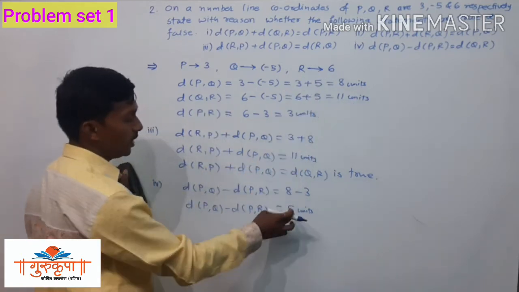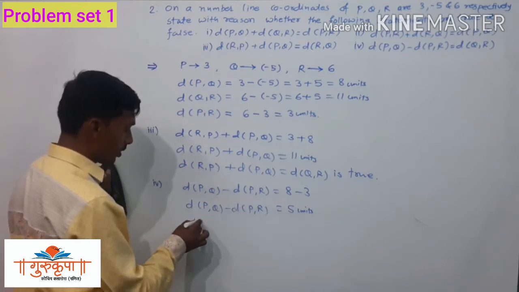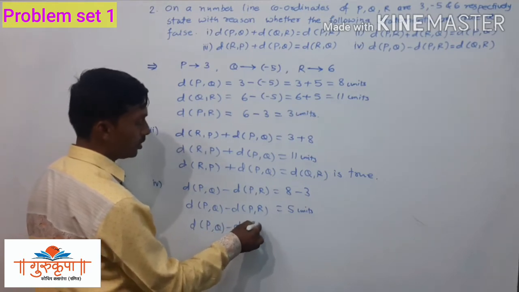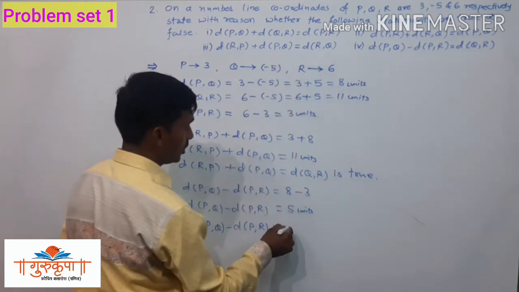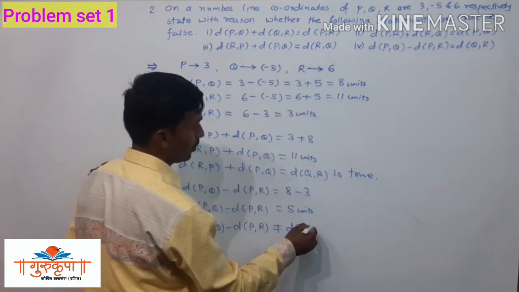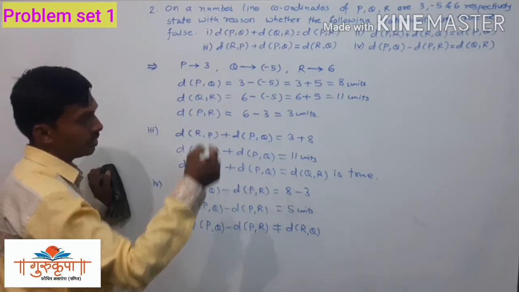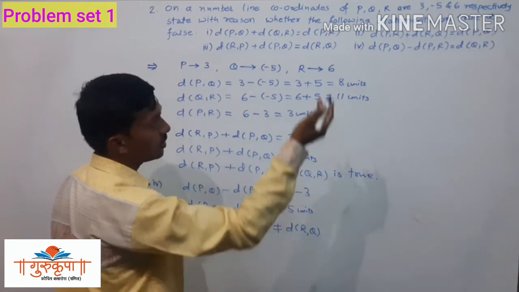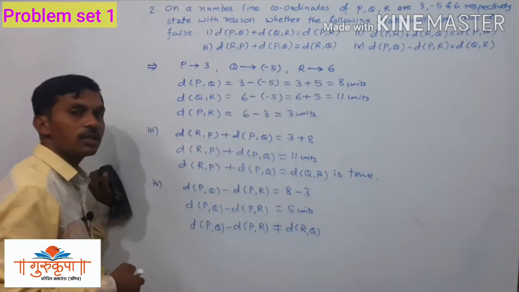QR is 11, and we get here 5 units. It means that distance PQ minus distance PR is not equal to distance RQ, so the given statement is false again.